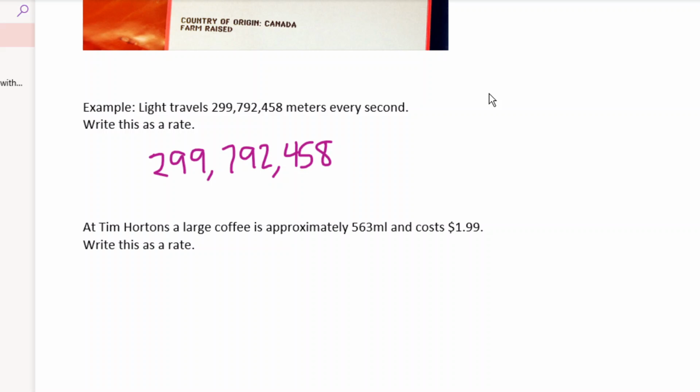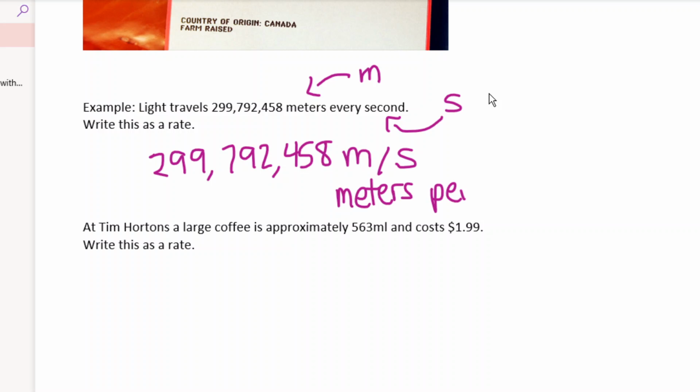And then meters is m. And second, we very commonly use s. So we could write this like this. Or we could write meters per second, because that's what that means. And both of these are acceptable ways to write this.